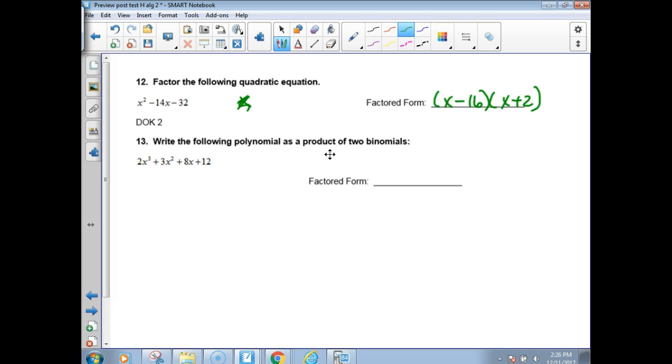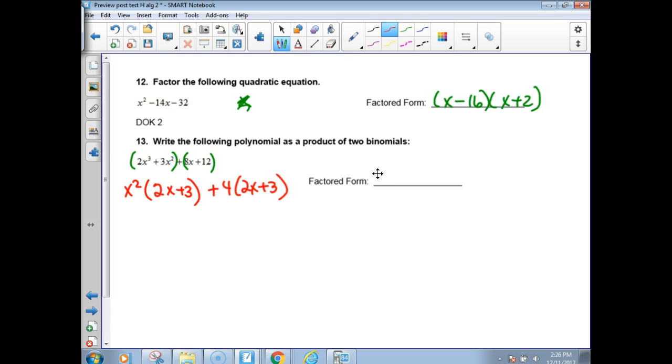Write the following polynomial as a product of two binomials. That means we need to factor it by grouping. Because there are 4 terms, try factor by grouping. I see an x squared in common. I bring it out. I'd have 2x plus 3 left. The second pair of terms, I factor out a 4. I get 2x plus 3. Oh, goody. Since these match, it was factorable by grouping.